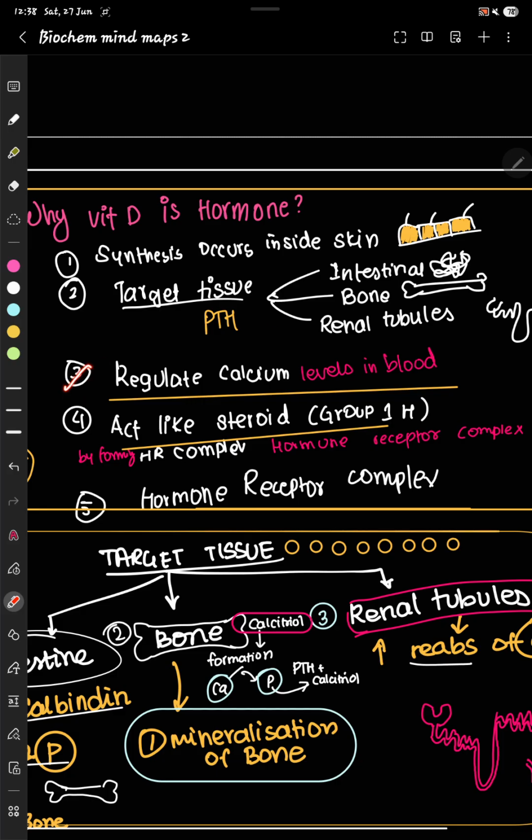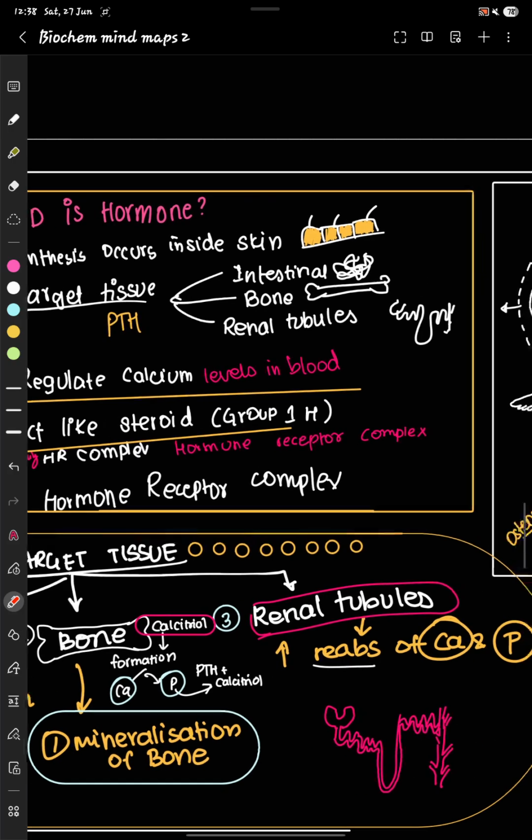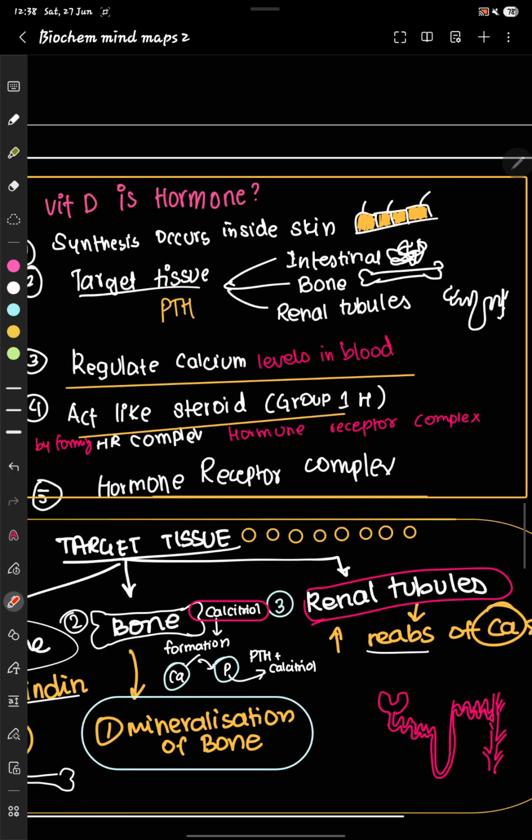Before that, the third point: it regulates the calcium levels in the blood, because we know that parathyroid hormone also regulates the calcium levels. In the same way, vitamin D also does this.